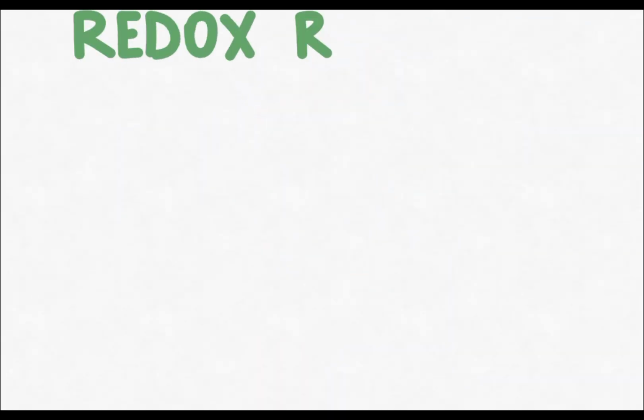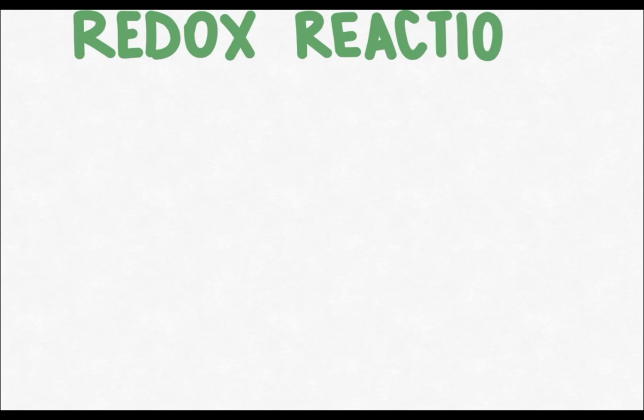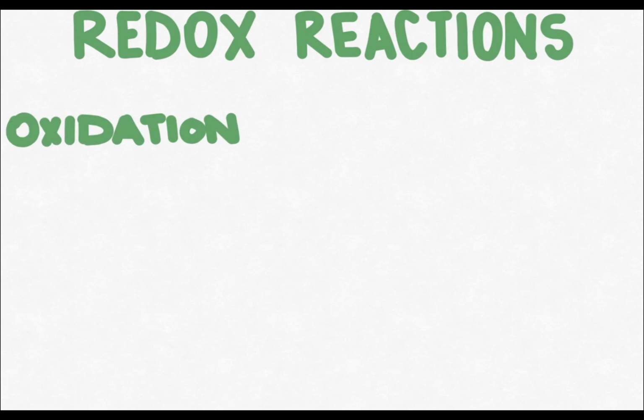Today we're going to chat a bit about redox reactions. Now we have come across redox reactions before in electrochemistry. Redox reactions are reactions that contain both oxidation and reduction reactions.